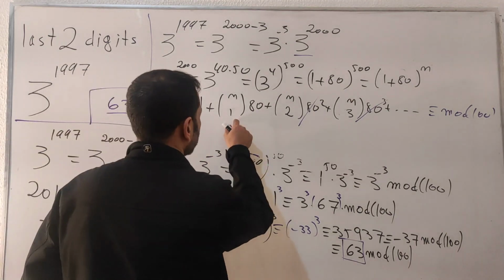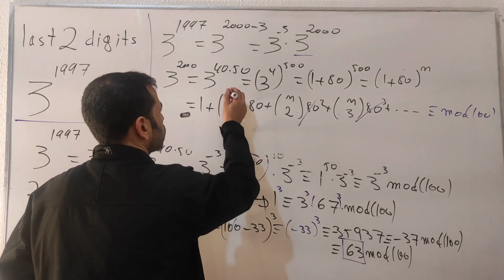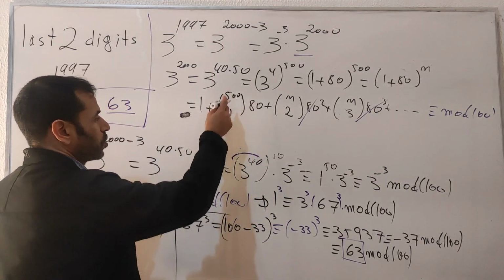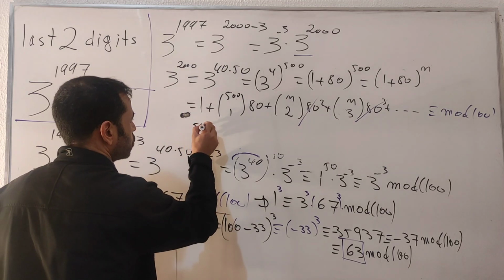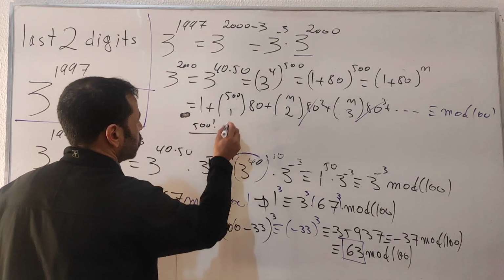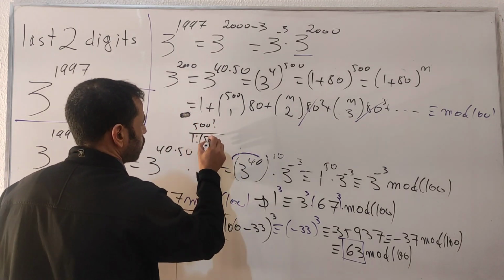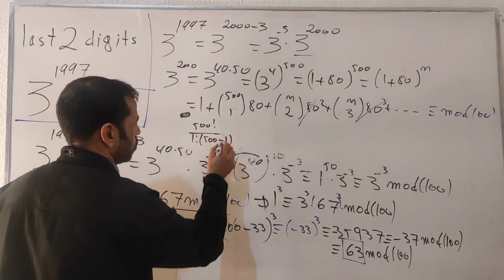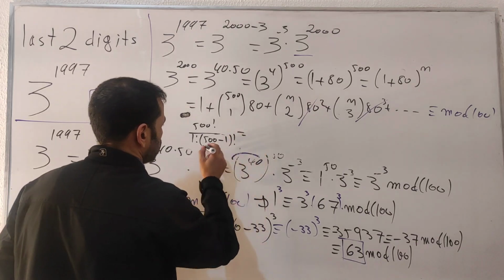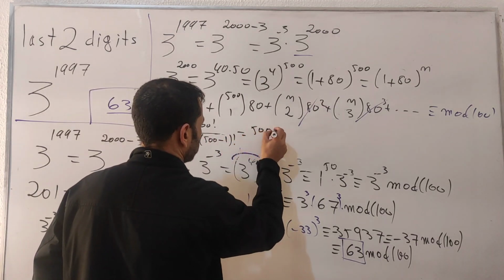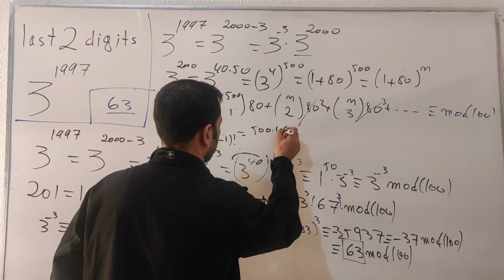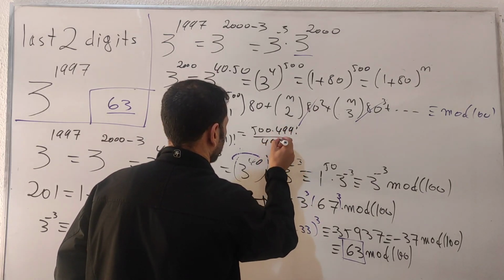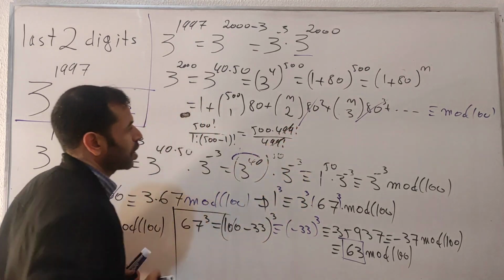To calculate this one, replacing n with 500, 500 choose 1 is the same as 500 factorial over 1 factorial times (500 minus 1) factorial. This gives us 500 multiplied by 499 factorial over 499 factorial, so this will be cancelled out.